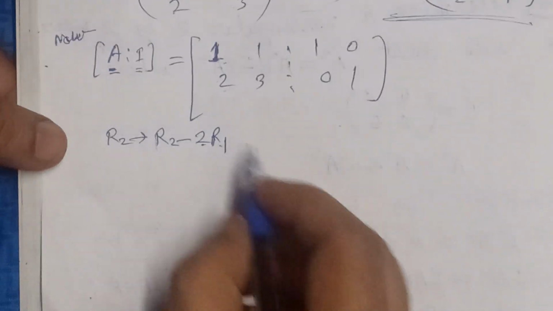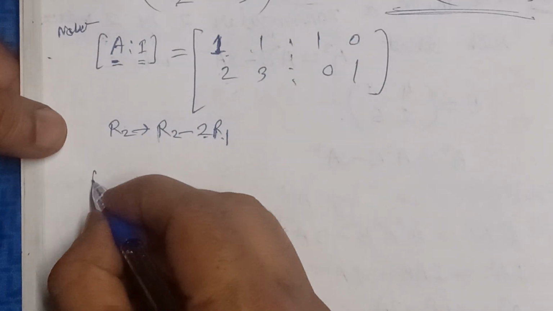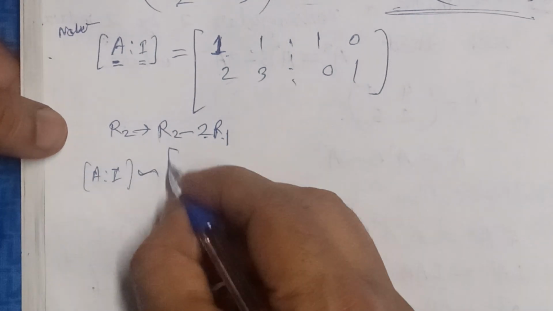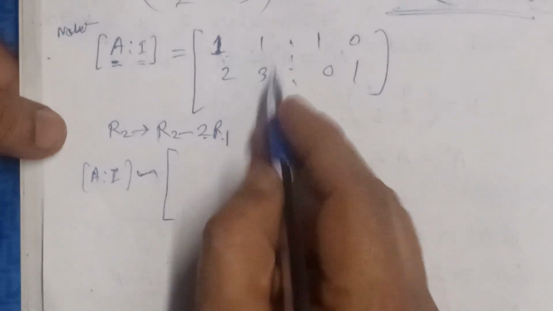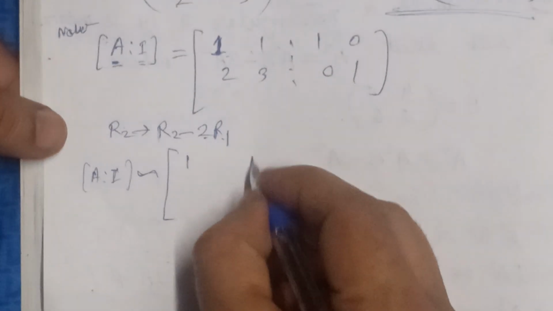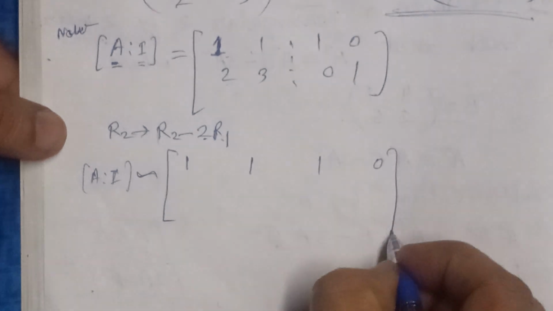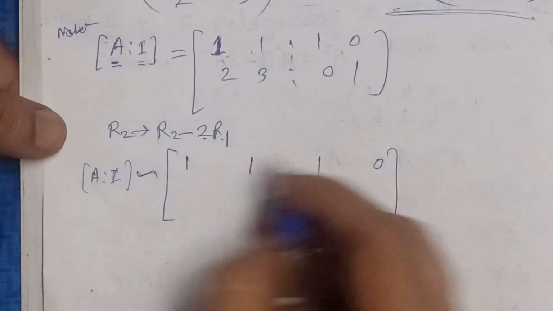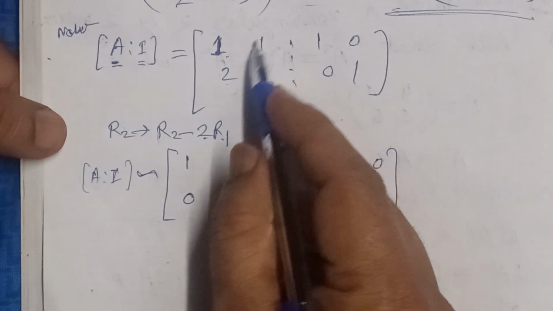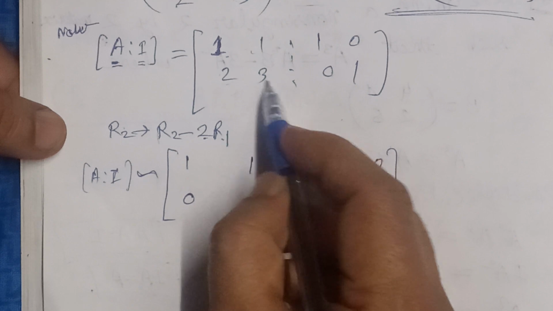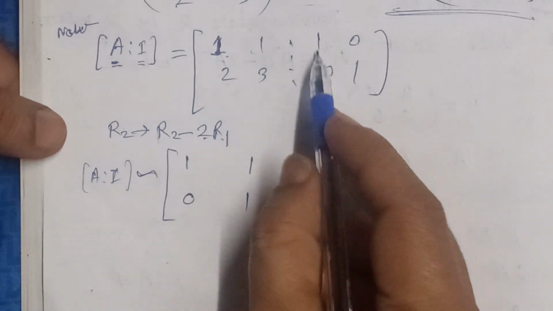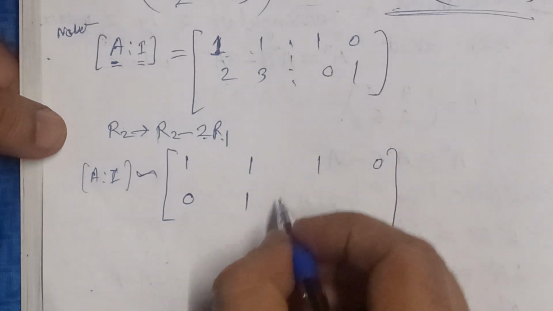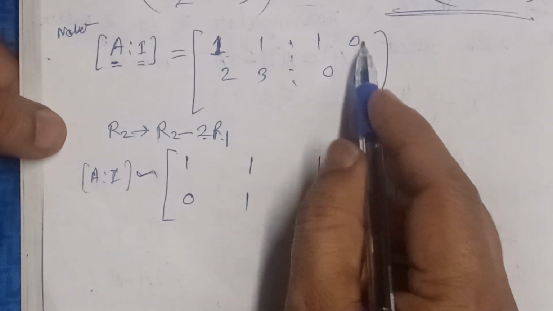So first we apply this operation. This matrix is equivalent to A I, and there is no change in R1, so I write R1 without any change. Here the 2 becomes 0, 3 minus 2 gives 1, and 0 minus 2 gives minus 2, and there is no change in the last element.